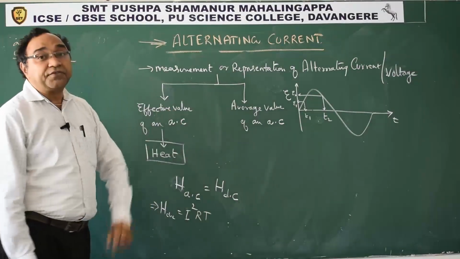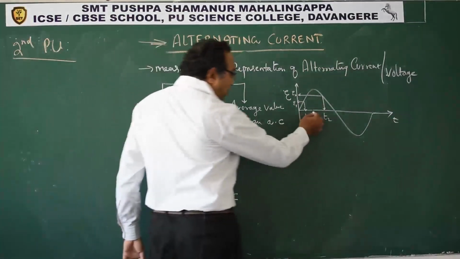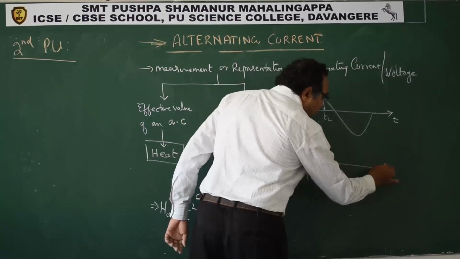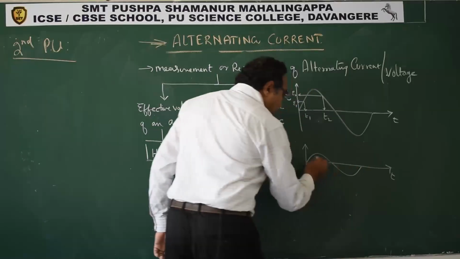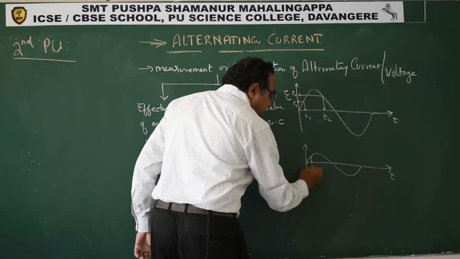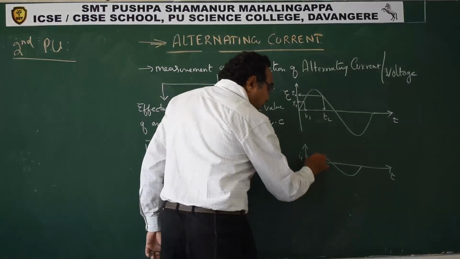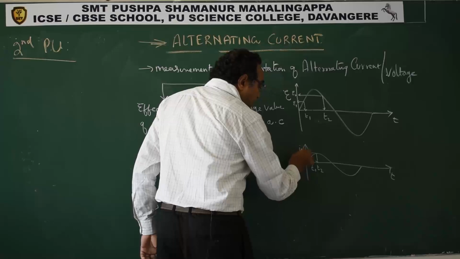Now what happens in an AC? Closely observe. If I plot the graph for current, at this instant T1 current is I1. At this instant T2 current is I2.